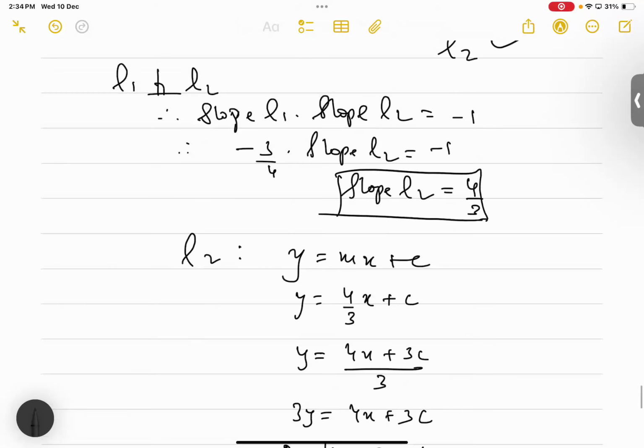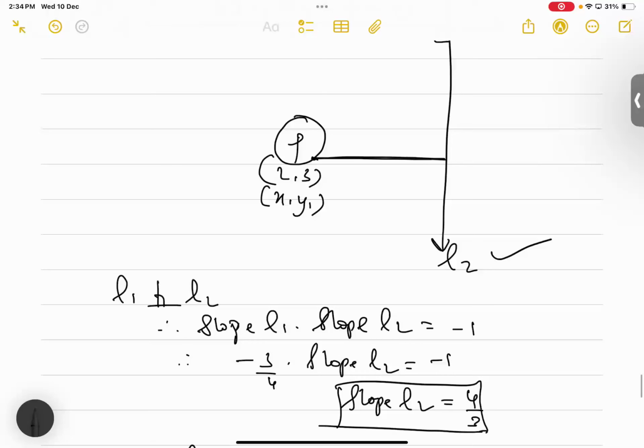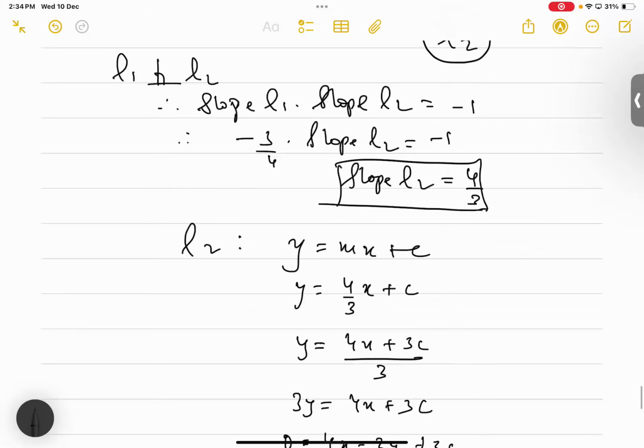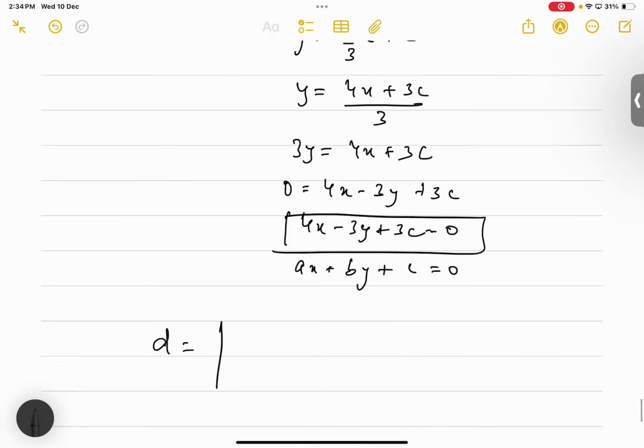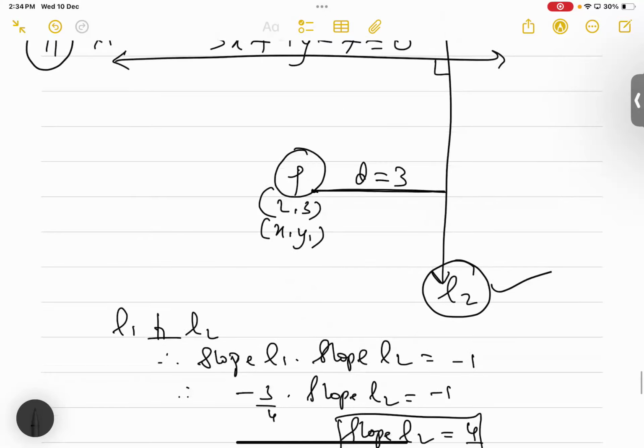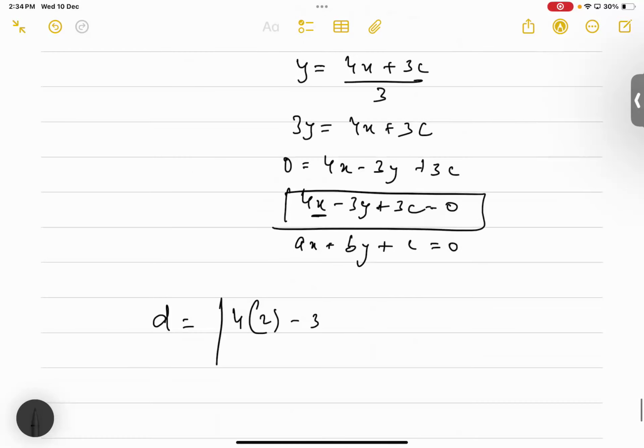So the distance between this point P and this line L2. Is it given in the problem? Yes, 3. So distance: a is 4, x gets replaced with x1. What is x1? 2. Minus 3, y is what? 3.